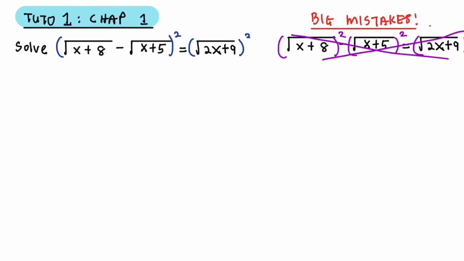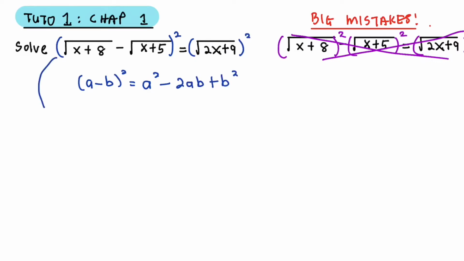Then you have to expand, because on the left side you have a, the first term, minus b, the second term, squared. You have to use the formula where a minus b squared is equivalent to a squared minus 2ab plus b squared.